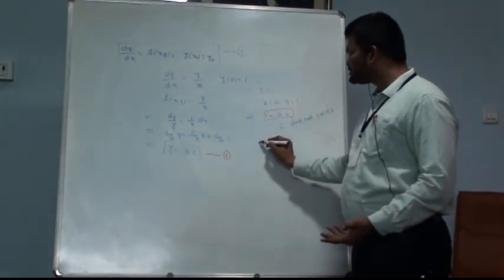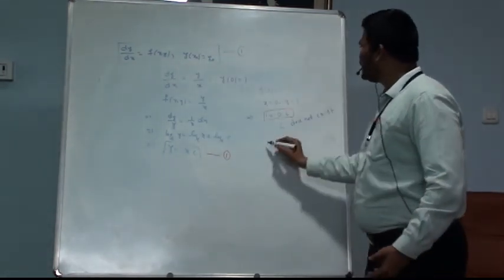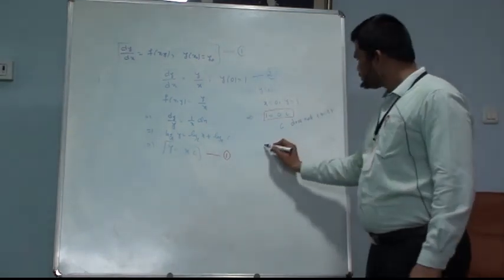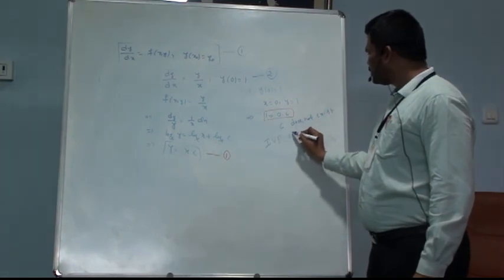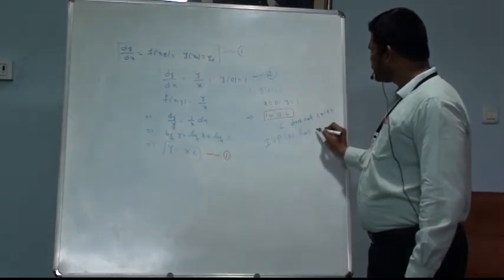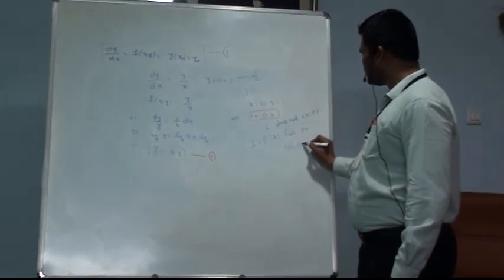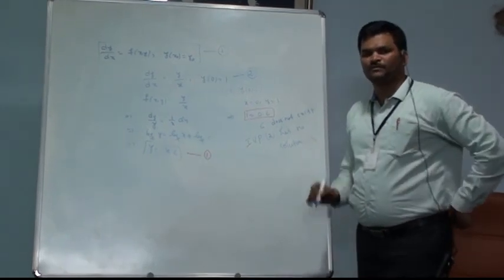That means this problem has, okay, I'll take this example as 2. This IVP, we can say initial value problem 2, has no solution. Now children, let us understand carefully why this initial value problem has no solution.